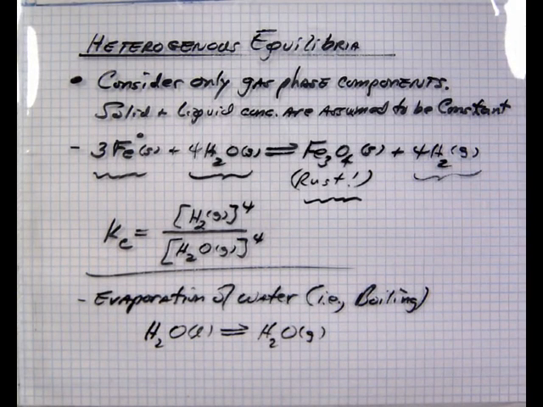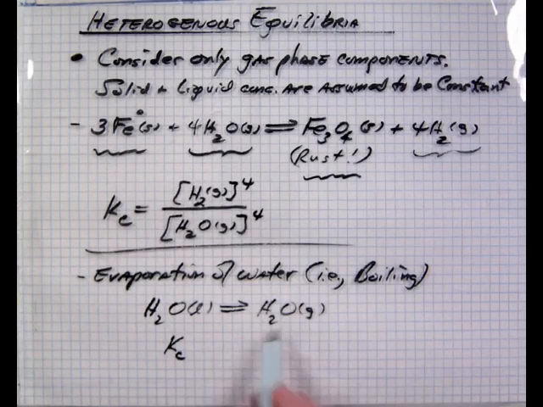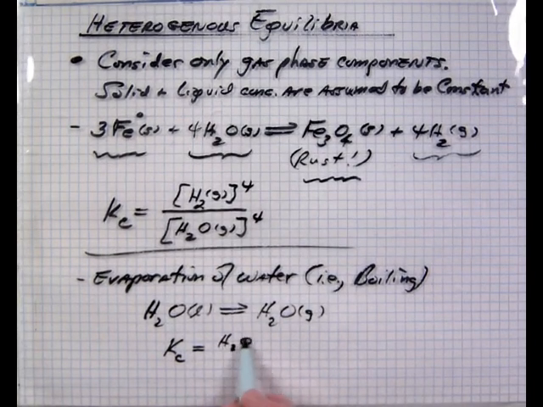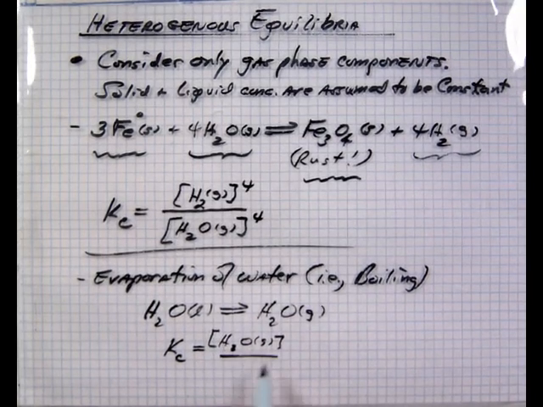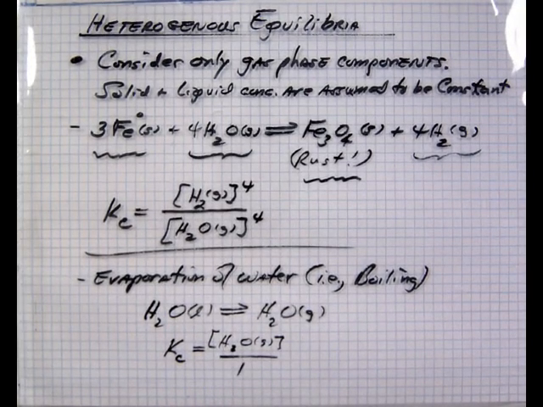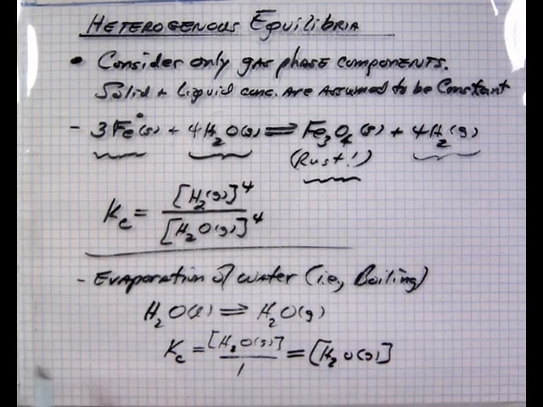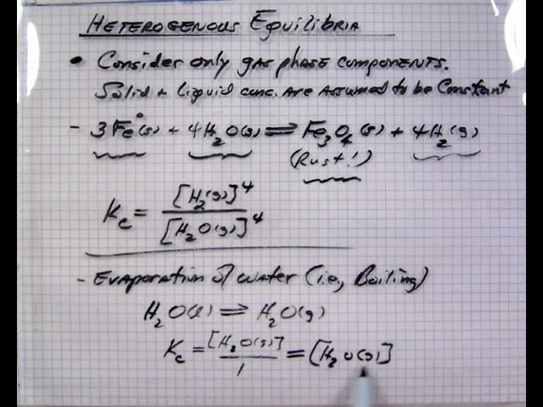And if you have to deal with the equilibrium constant, in this particular case, Kc deals only with the gas phase and is written H2O gas over 1. There is no other component on the reactant side, which of course translates to H2O. So that evaporation process depends only on the gas phase concentration.